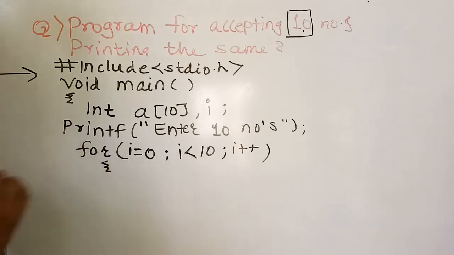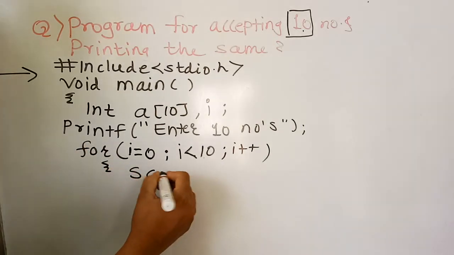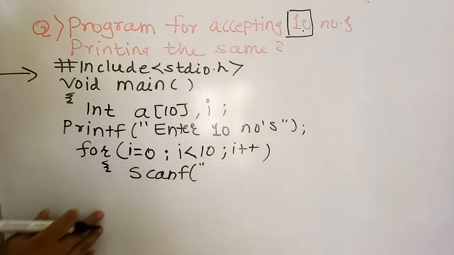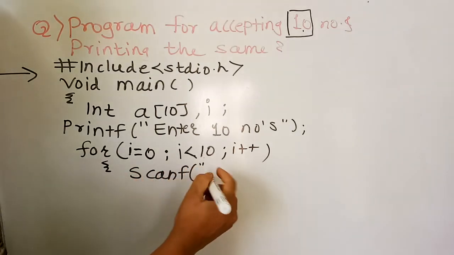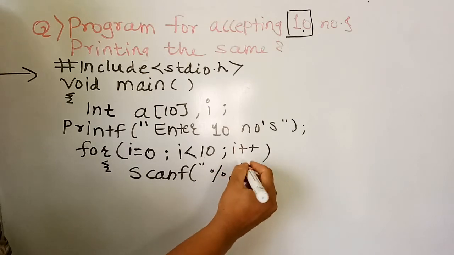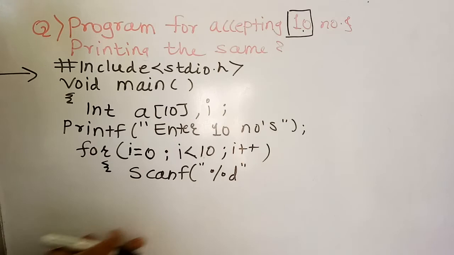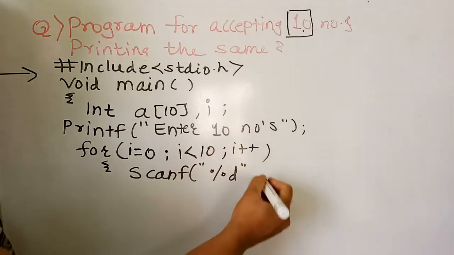And in this, we will write the scanf. Carefully see the scanf mechanism. We write the format specifier, %d, comma.